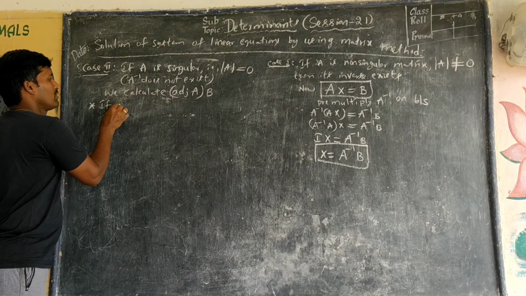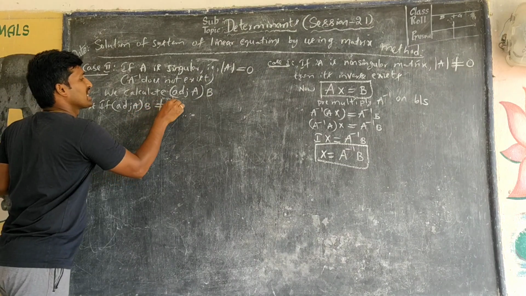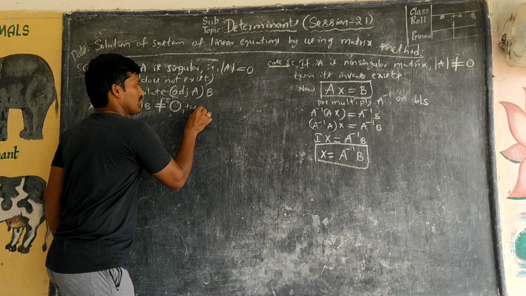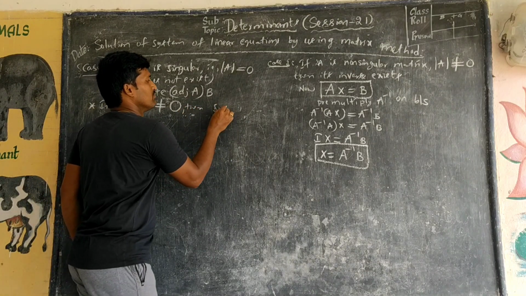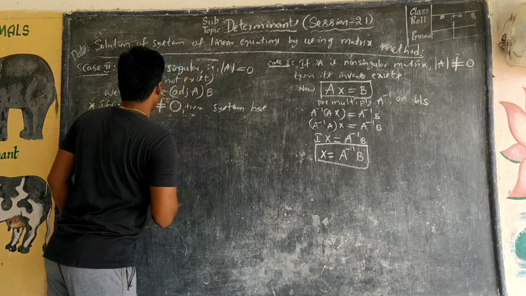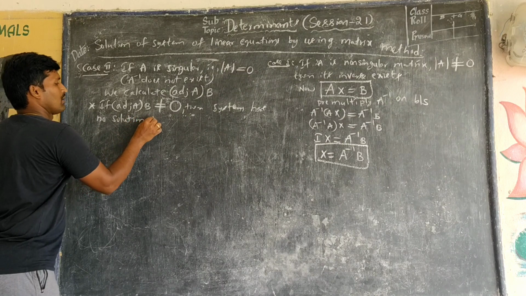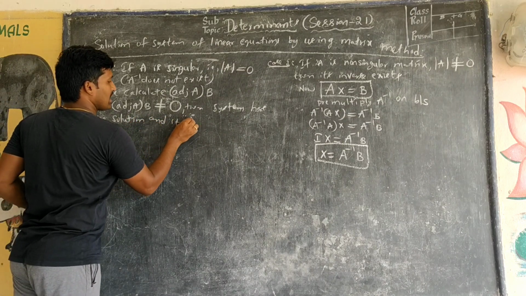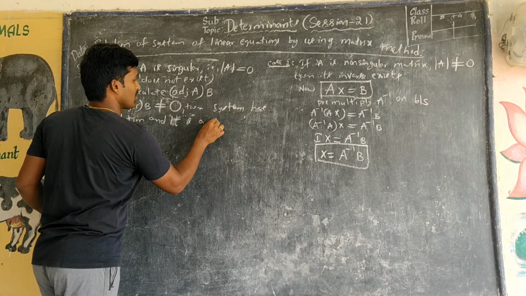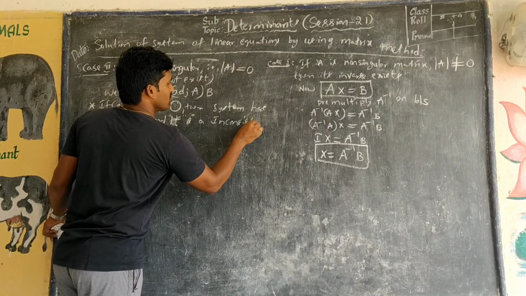Now, based on the adjoint A into B value, for example, if adjoint A into B is not equal to the null matrix, the zero matrix, then the system has no solution and it is inconsistent. Inconsistent system.